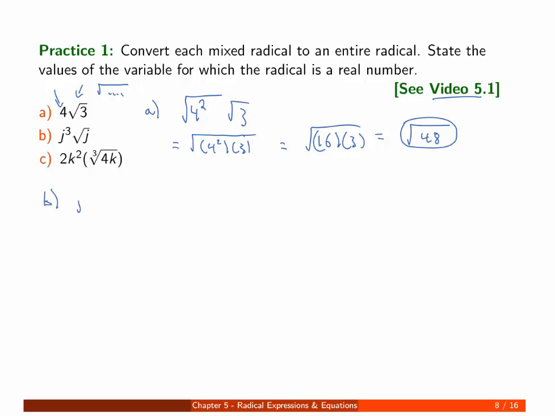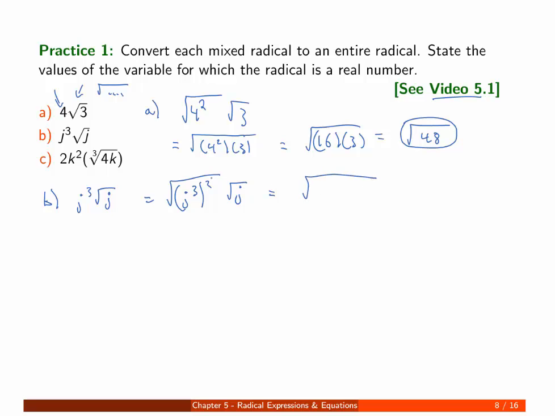Next one. I'm going to try to write neatly here. j cubed times square root j. This is the exact same type of question. I'm going to try to write everything under a square root. So in this case I'm going to square this and then square root it. It makes it look ugly, but that's okay.